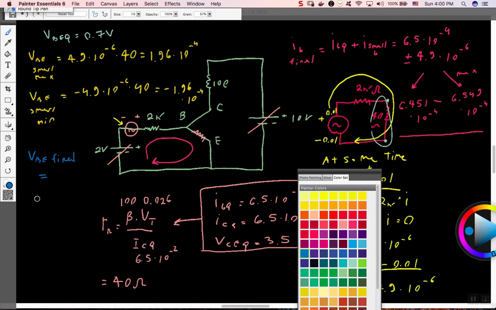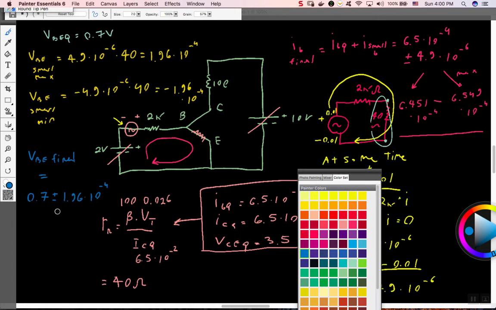And what is the VBE final? Well, it's VBE from the large signal, that's a constant. We assume in our simple model that it's 0.7 volts. And now we have a plus minus 1.96 10 to the minus 4 volts.